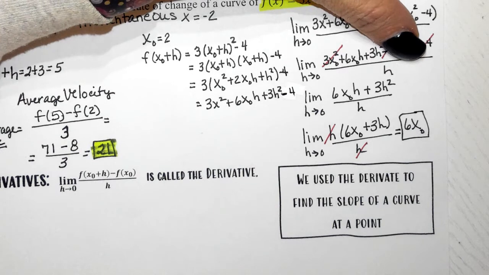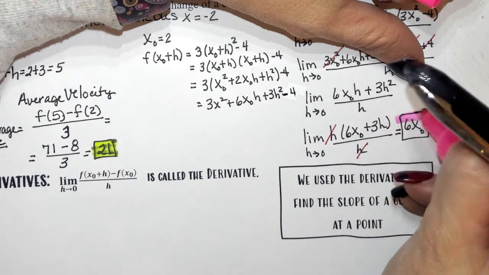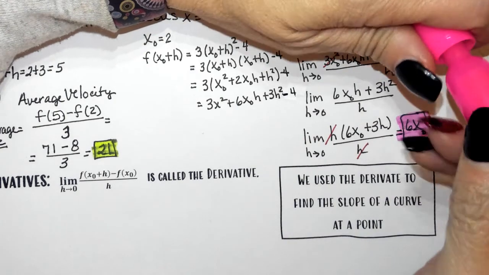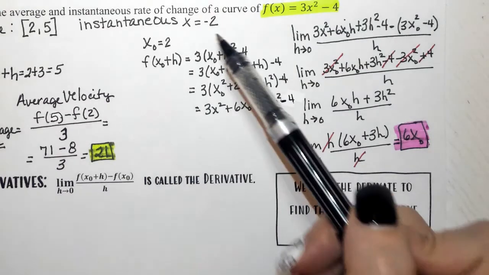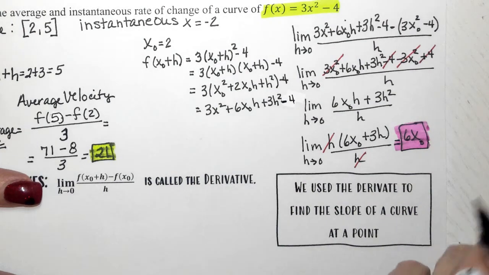So at any given moment in time, the instantaneous velocity would be 6x naught. If I want to know at x equals -2, I would do 6 times -2. That would be -12.